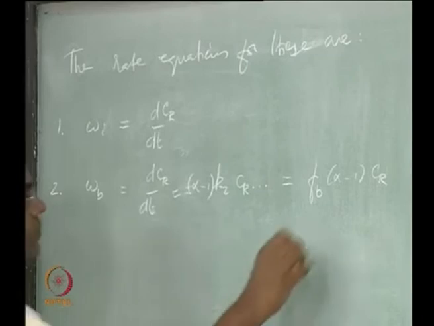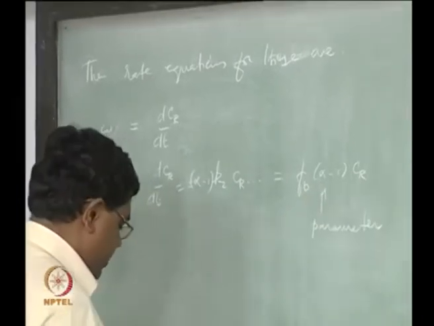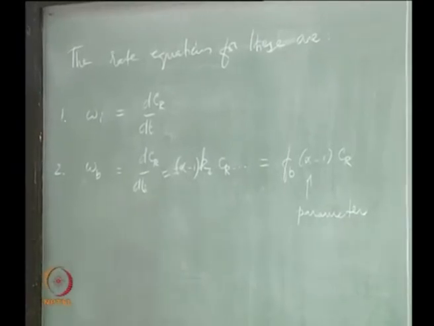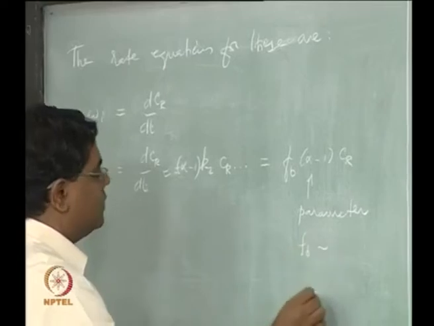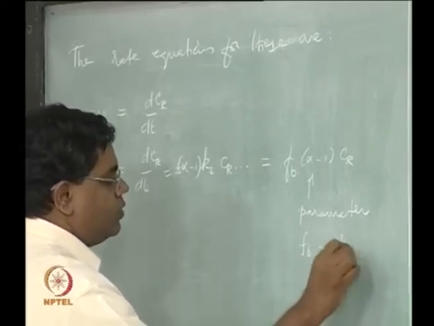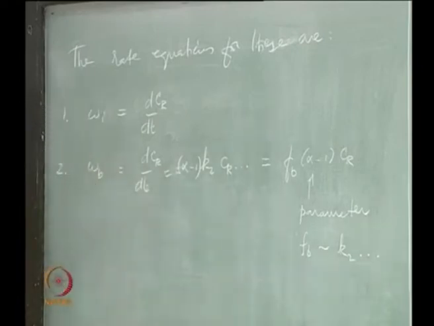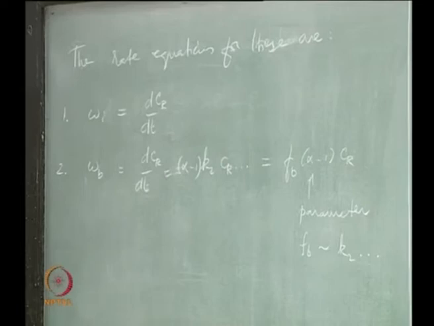Alpha is a parameter here, and Fb is going to take care of K2 and the concentrations of stable species, which don't enter the picture.